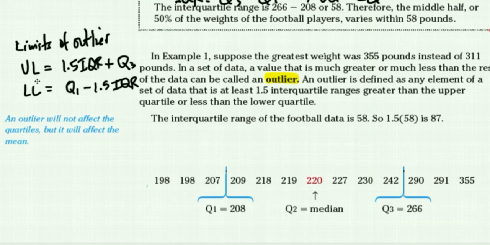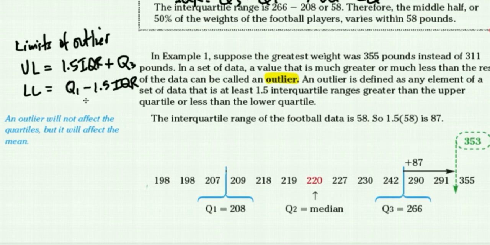To find the upper limit of our outlier, we need to add 1.5 times the IQR, in this case 87, to the upper quartile, so 353 becomes our upper limit.